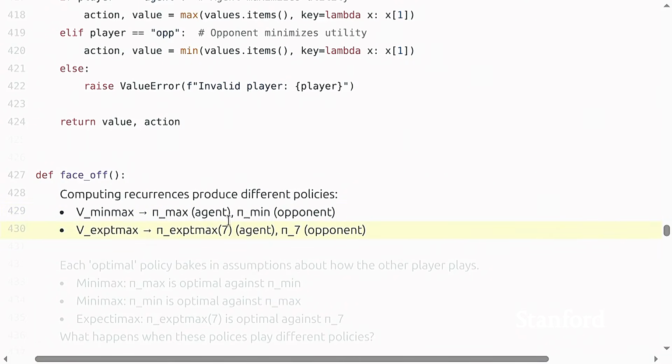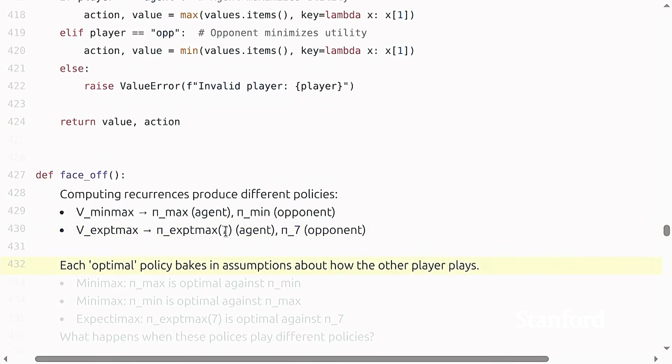We also could do expected max, and that gives us an expected max policy. I'm using parentheses 7 here. So pi 7, I'm going to assume is an arbitrary fixed policy that the opponent is playing. And expected max 7 means I'm doing expected max with respect to pi 7.